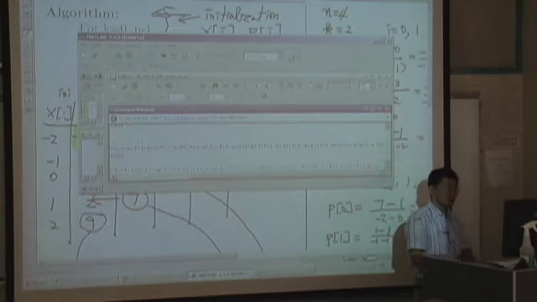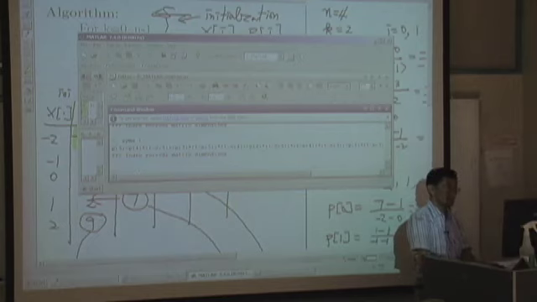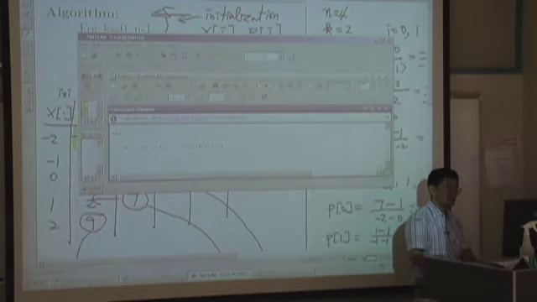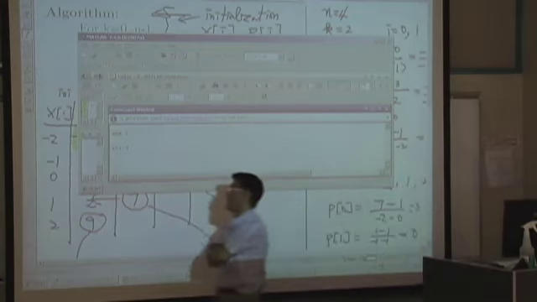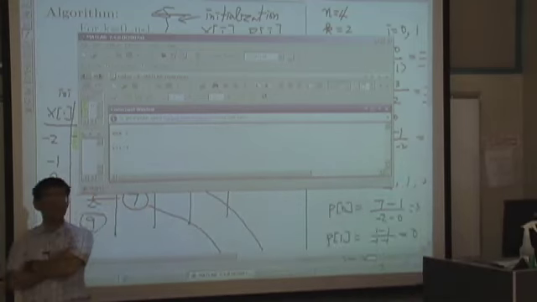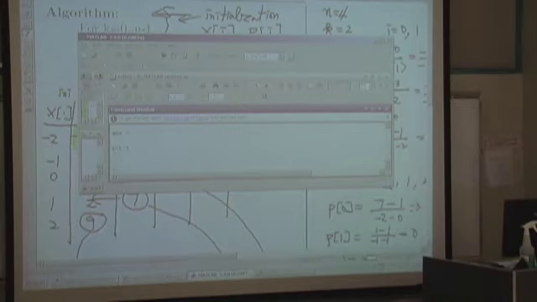Oh, I see. So let's not worry about that. X equals minus 2. Done, right? In any case, I showed you. But you may program better way than this thing.